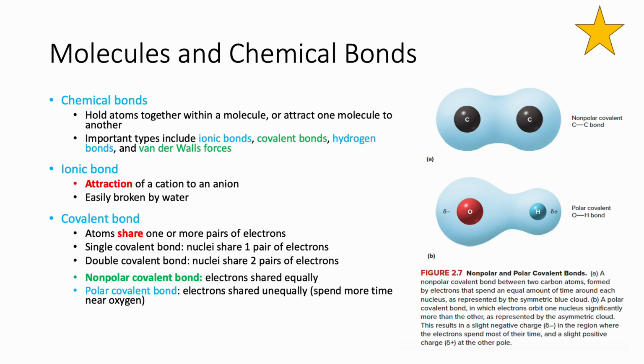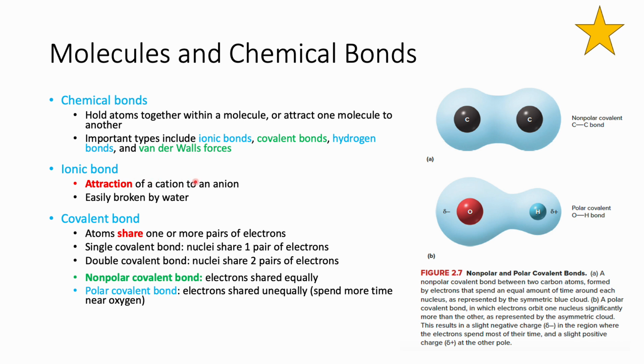Let's now go through some of our chemical bonds. Chemical bonds hold atoms together within a molecule or attract one molecule to another. We have different types of chemical bonds. We have ionic bonds, covalent bonds, hydrogen bonds, and van der Waals forces. An ionic bond is an attraction of a cation to an anion.